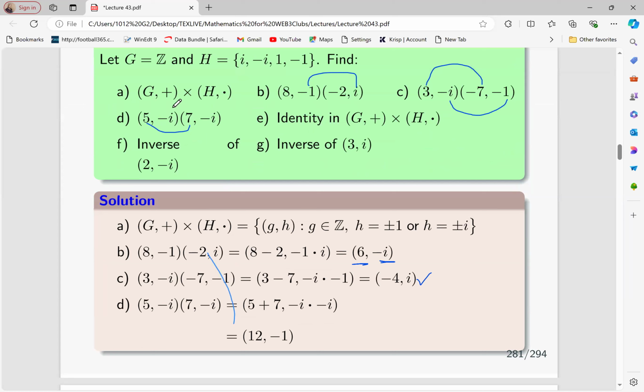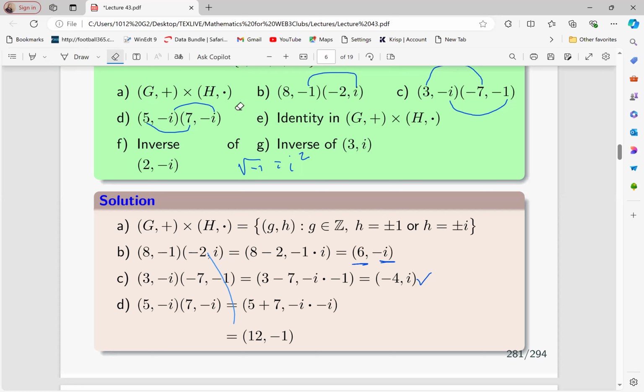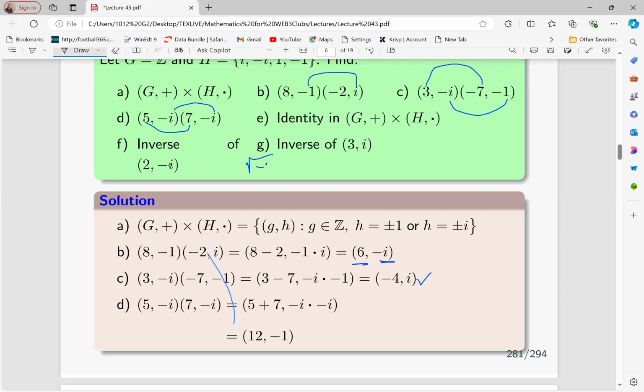And this one, we know that i times i is -1. That's from complex numbers. Complex numbers have the property that the square root of -1 is i.